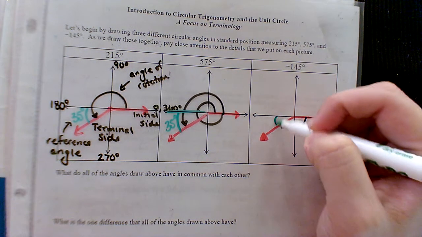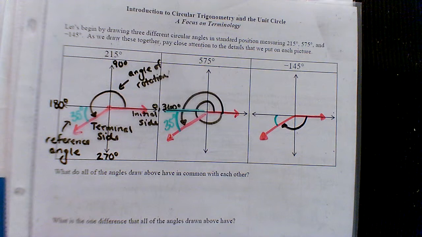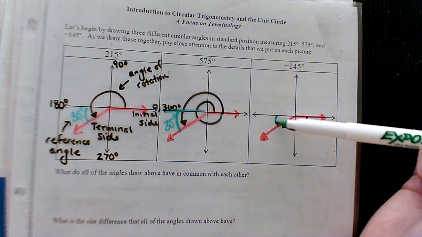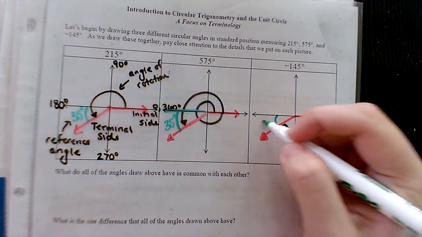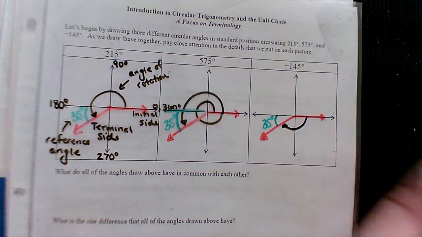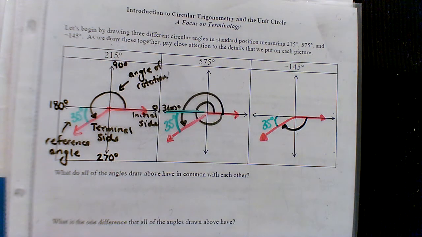How far are we from the closest x-axis? In other words, how many more degrees do we have to travel to get to that half circle, that 180 degrees? Yeah, 35.